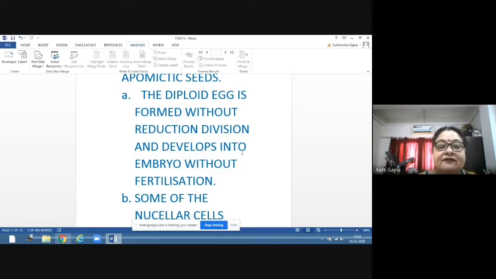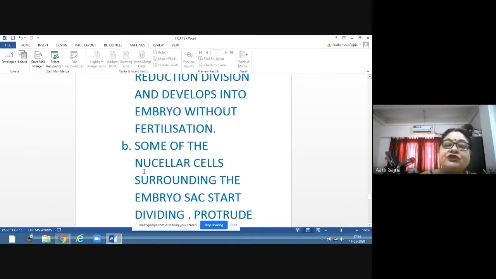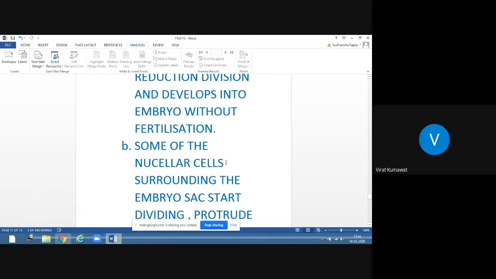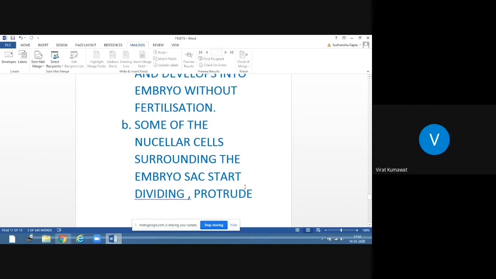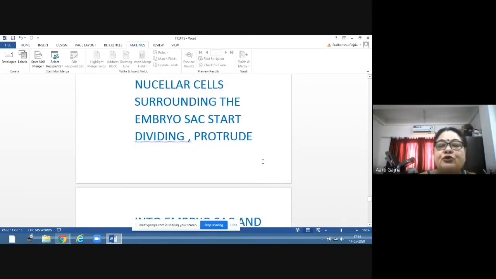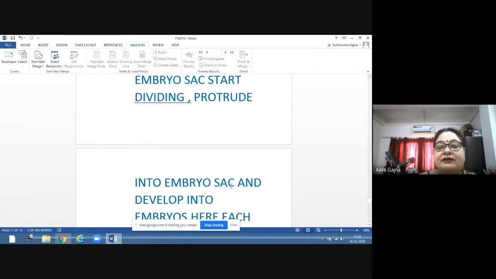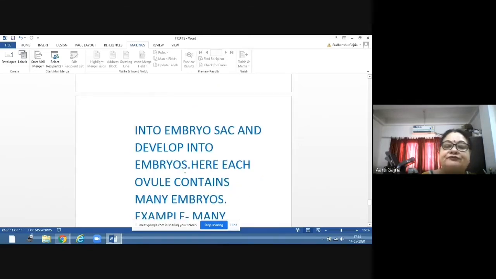Another way is that some of the nucellar cells, the cells which are surrounding the embryo sac, start dividing. They protrude into the embryo sac and develop into embryos.